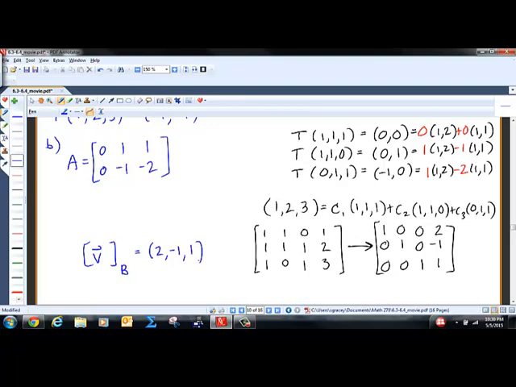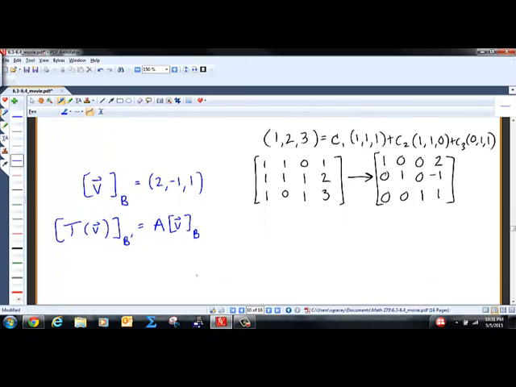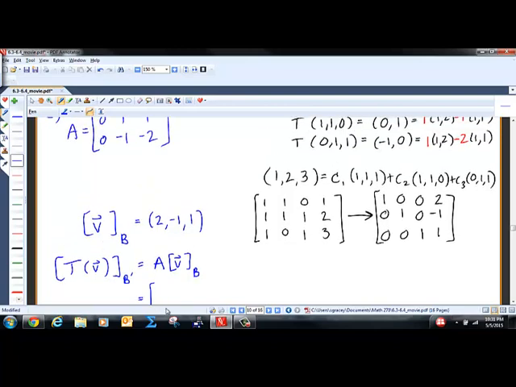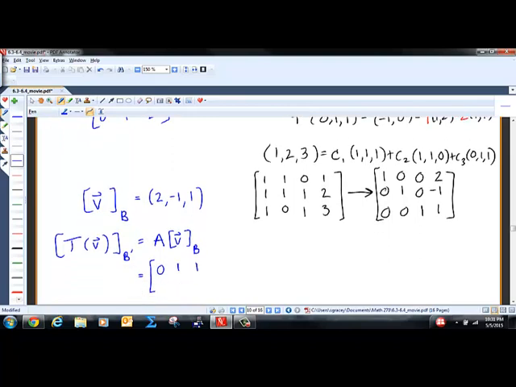Okay, so far? Awesome. We would just multiply, so T of V relative to B prime is just going to be A times V relative to B, and that's going to give us our A matrix, which remember up here was (0, 1, 1) and then (0, -1, -2) going across.